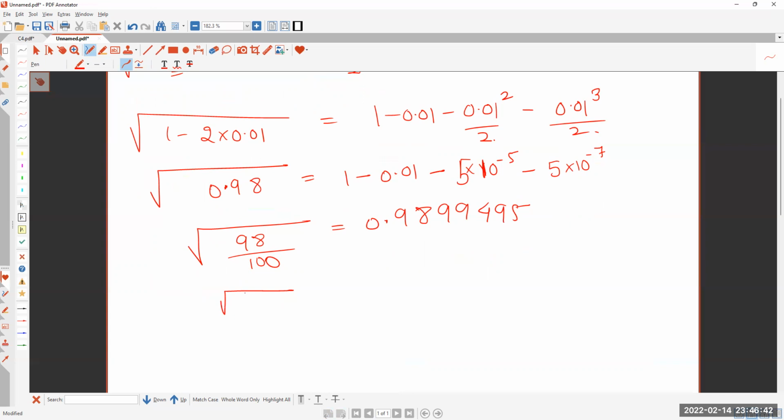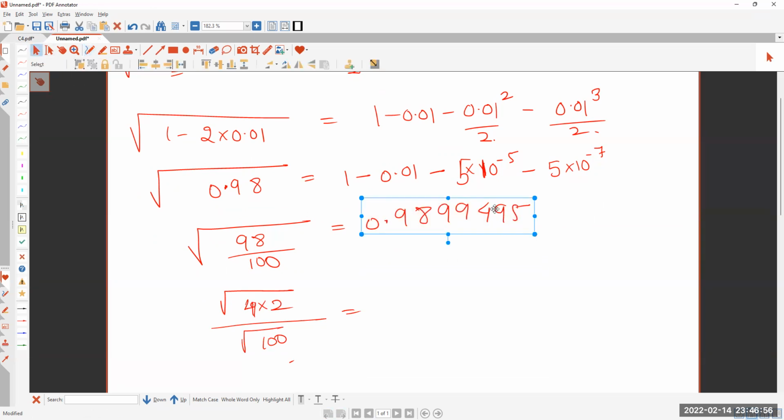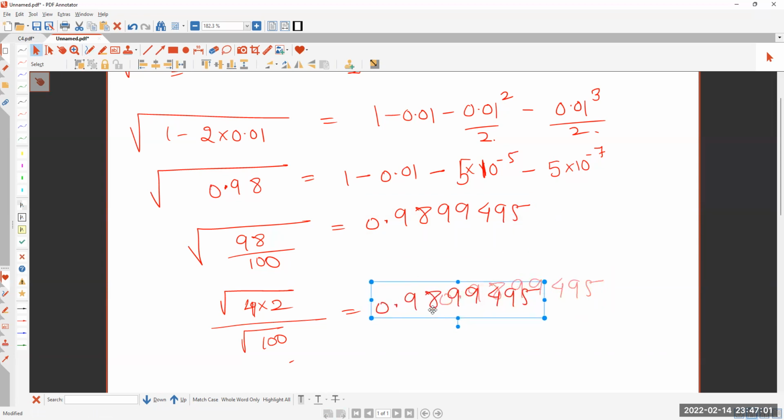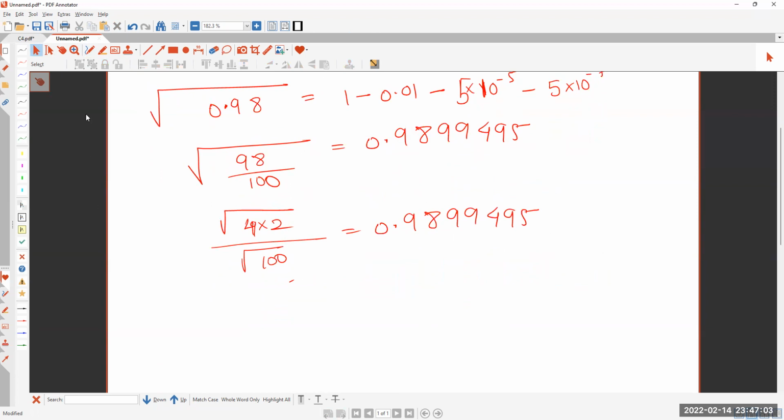Root of 98 is going to be 98 divided by 2, which is 49. So 49 into 2 divided by root of 100 is equal to whatever this value is. What is root of 49? 7.